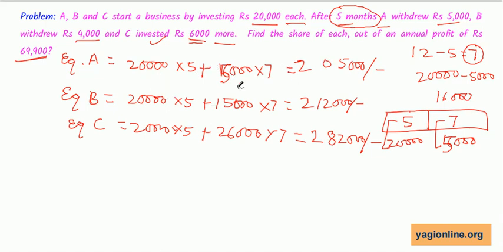So now when we have to consider the share of each partner, we will not consider these 20,000 or these 15,000, 26,000, but we have to take into consideration the equivalent investment.